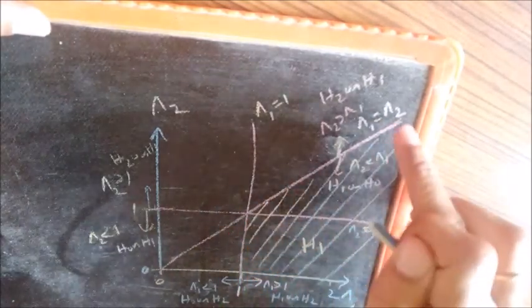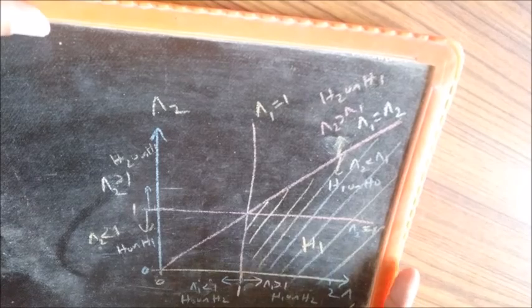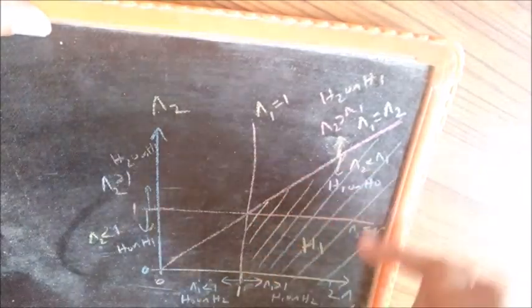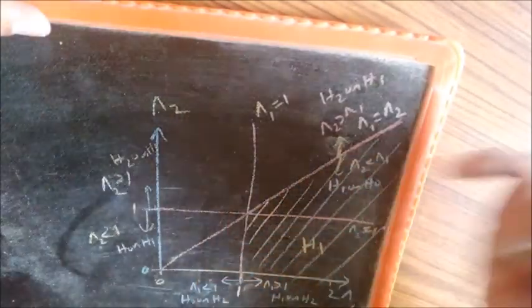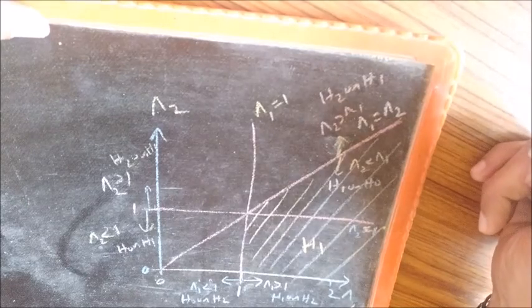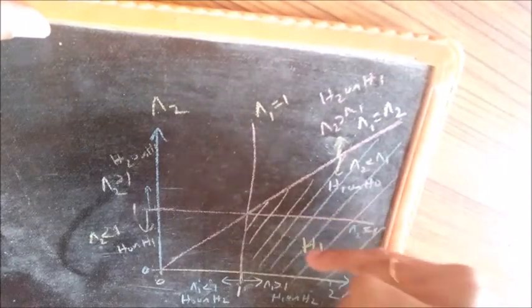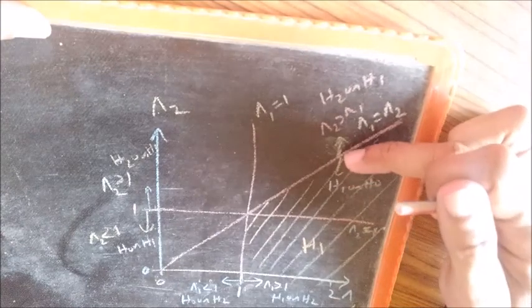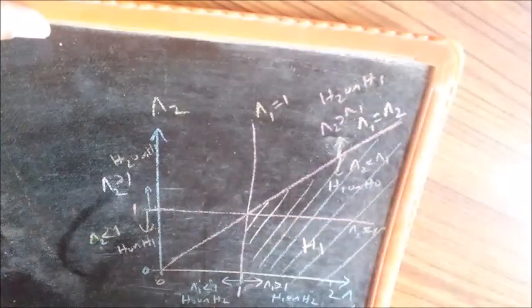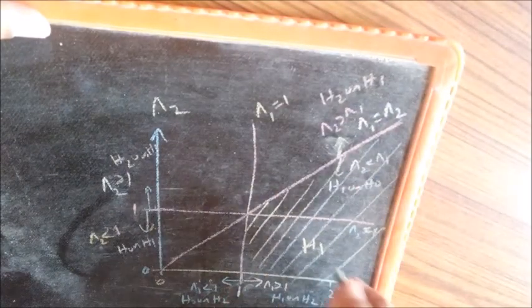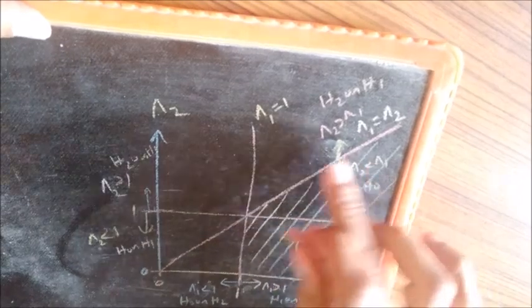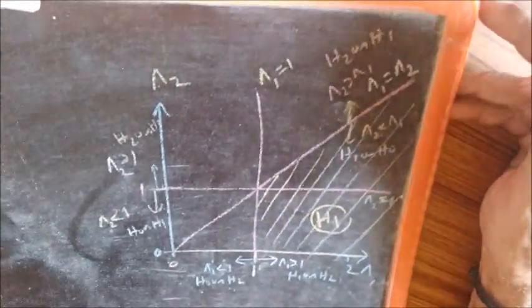By this one, you see that it is H1 is the true hypothesis. Either side of this, it is H1 is the true hypothesis. Below this, it is H1 is the true hypothesis, and on this side, H1 is the true hypothesis. So this shaded region belongs to H1.